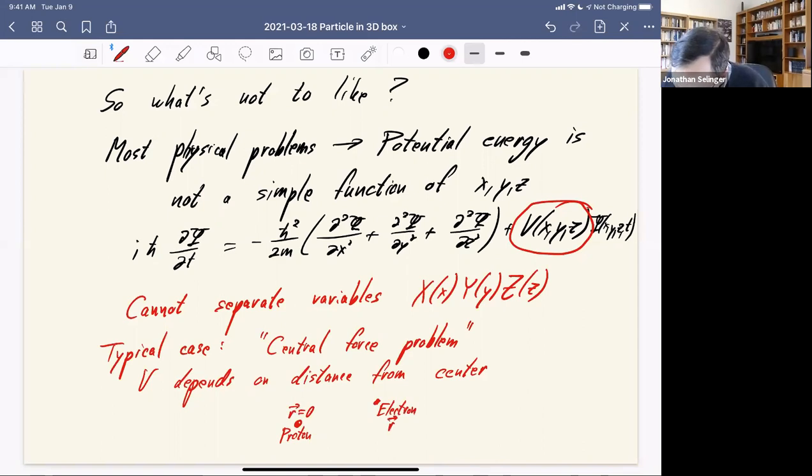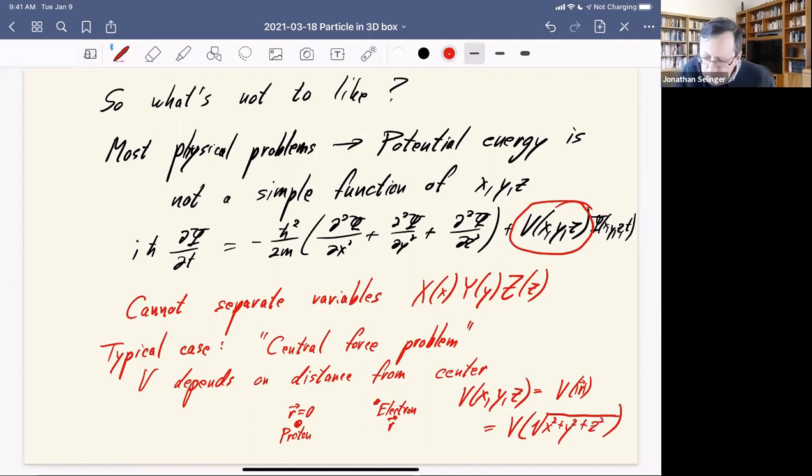So the potential energy V of x, y, and z is some function of the distance from the center. And that means it's a function of the square root of x squared plus y squared plus z squared.